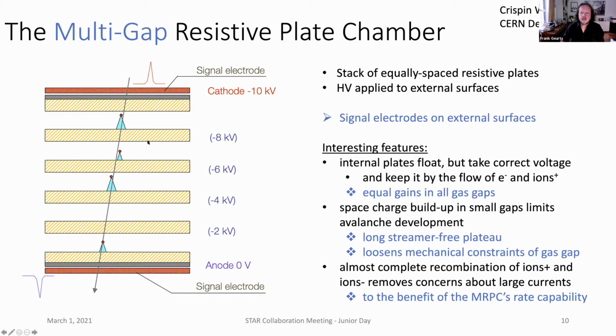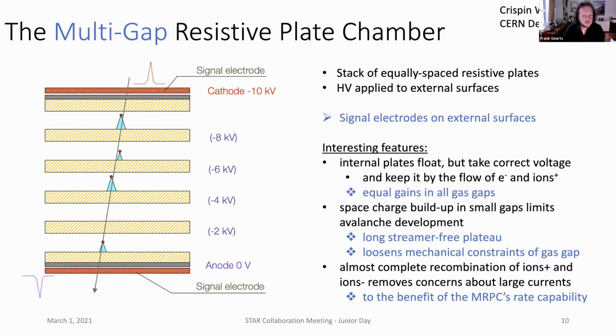What it means, I should just say, is that we really have equal gains develop in each of these gaps. The other thing is that inside each of these gaps we have space charge that will build up, and especially in small gaps, we see that it will limit the avalanche development.